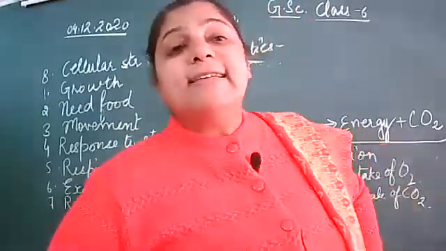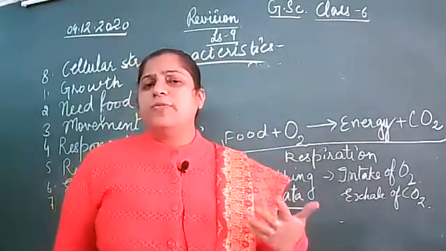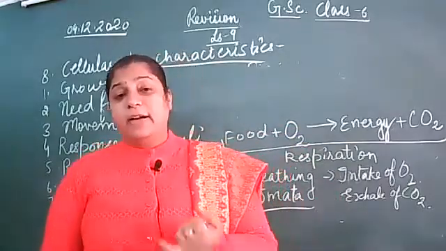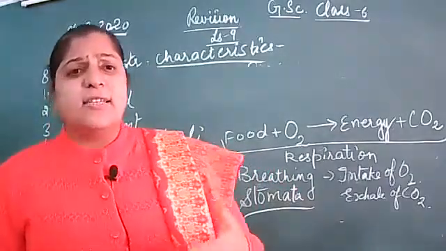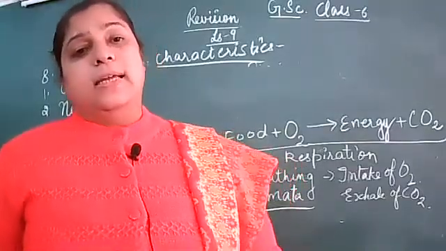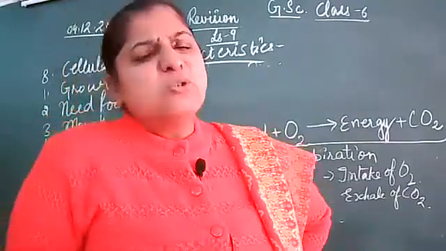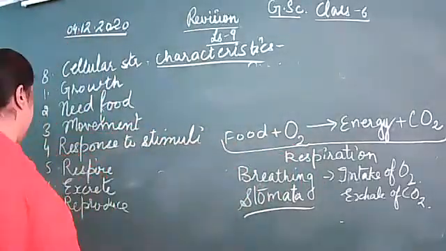In the same way, how do plants remove waste products? They have gum, latex, resin. Excretion of such things is done by plants, right? So they also excrete harmful substances from the body.